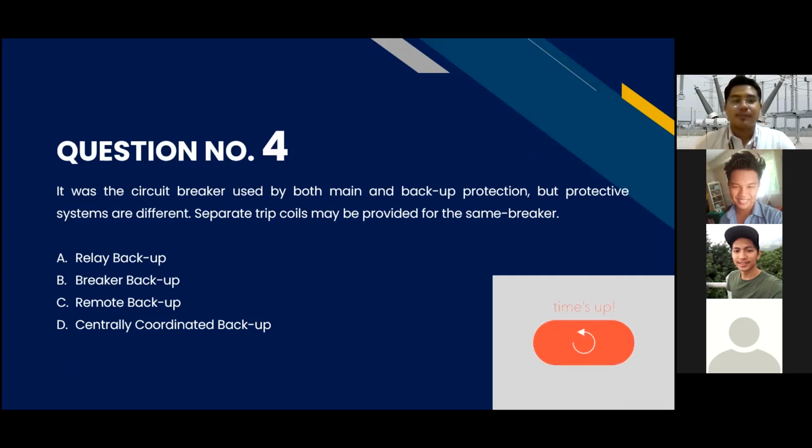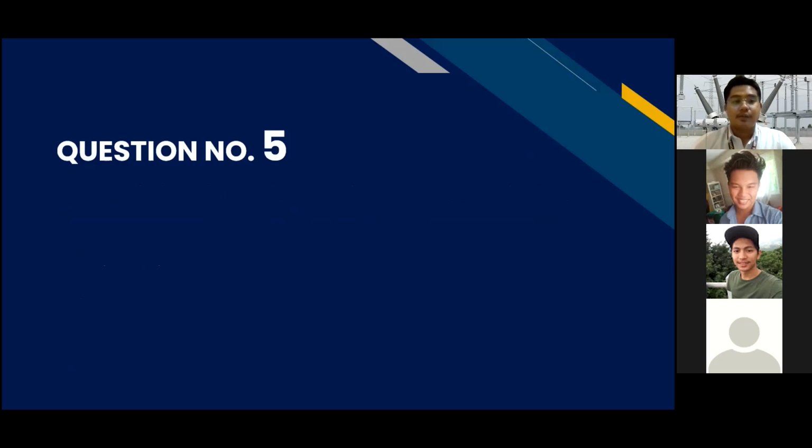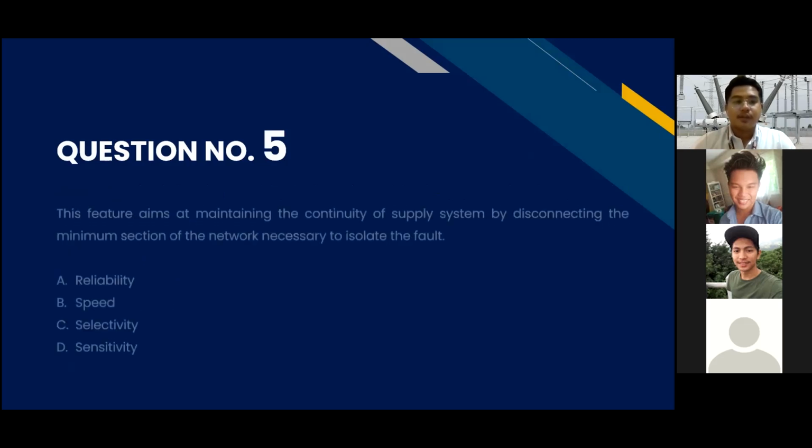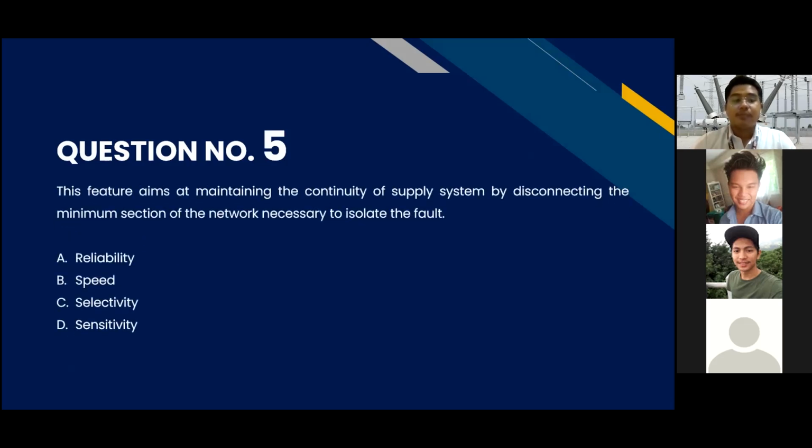Time's up. For the last and fifth question, these features aim at maintaining the continuity of supply system by disconnecting the minimum section of the network necessary to isolate the fault. Let me repeat. This feature aims at maintaining the continuity of supply system by disconnecting the minimum section of the network necessary to isolate the fault.